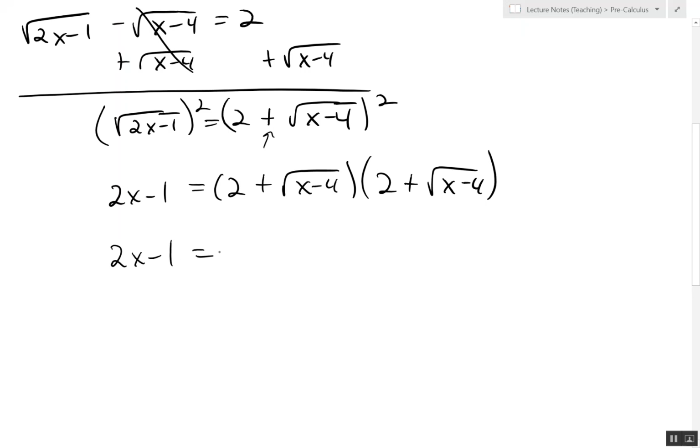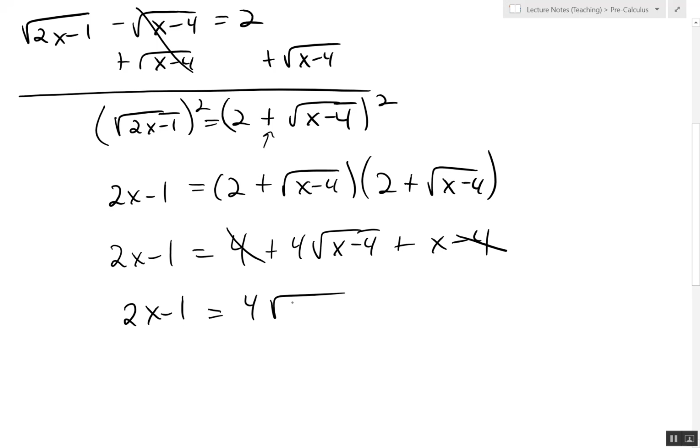And when you FOIL this out, you'll have 4 plus 4 square root of x minus 4 plus x minus 4. So I did skip a step there. I didn't do all the terms. I just did it all in my head and combined the two like terms. So we have the minus 4 plus 4. We get 2x minus 1 equals 4 radical x minus 4 plus x.